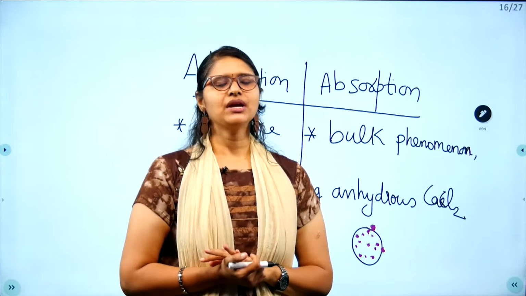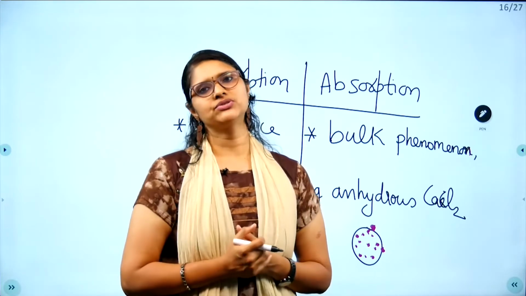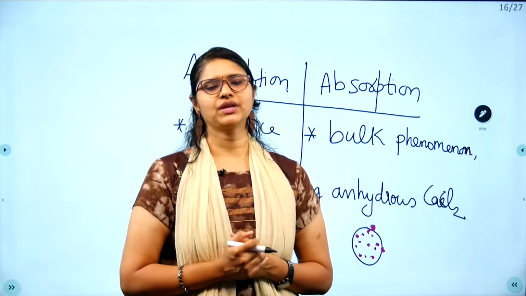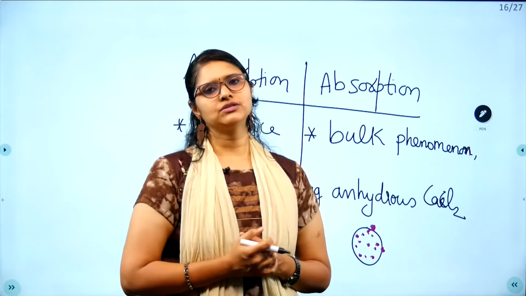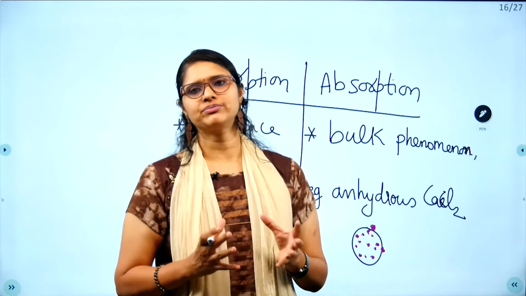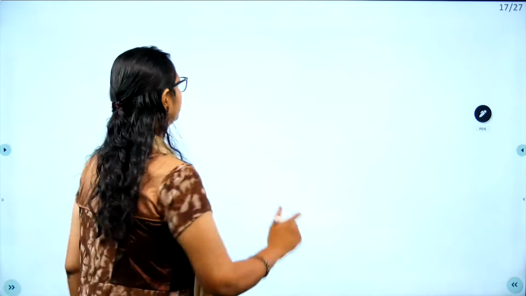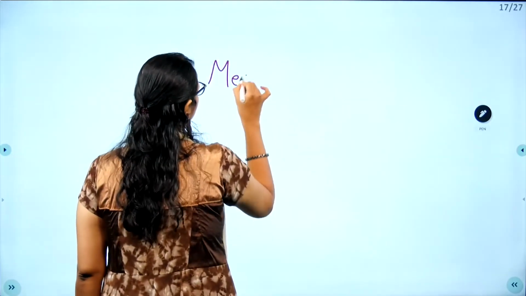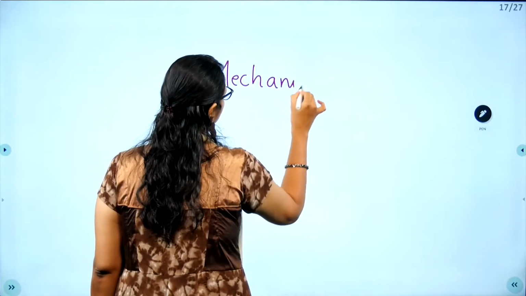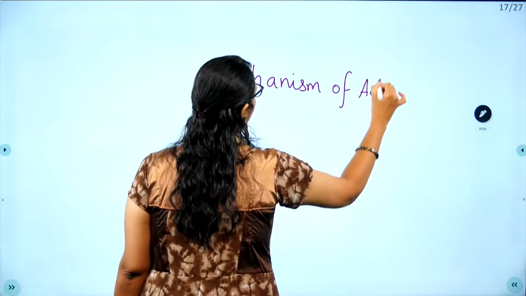I also gave you the example of silica gel, which adsorbs moisture from the atmosphere. Now let us go on to the next topic, the mechanism of how adsorption takes place.